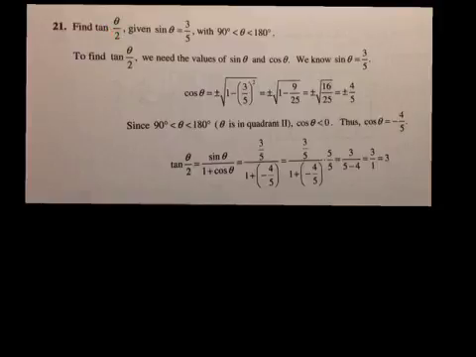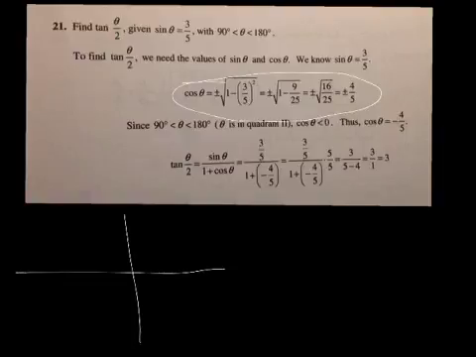And I am not sure why they did this the way they did, because what I would do is, we know we're in quadrant number 2 because of this here. So if I draw a triangle here, and I know my sine is 3/5, that's opposite over hypotenuse. And remember, a few videos ago I said that if we have that as a 4, you can use Pythagorean to find that as a 4.